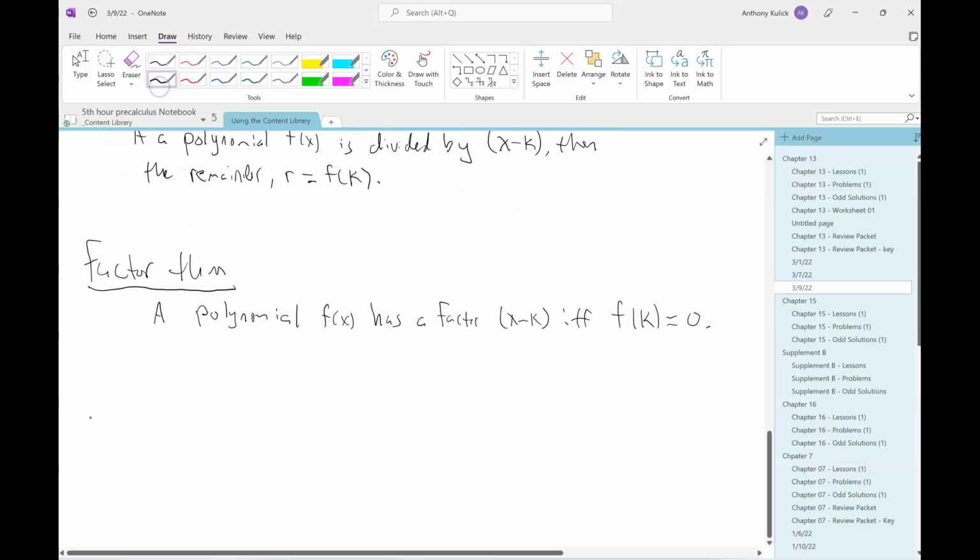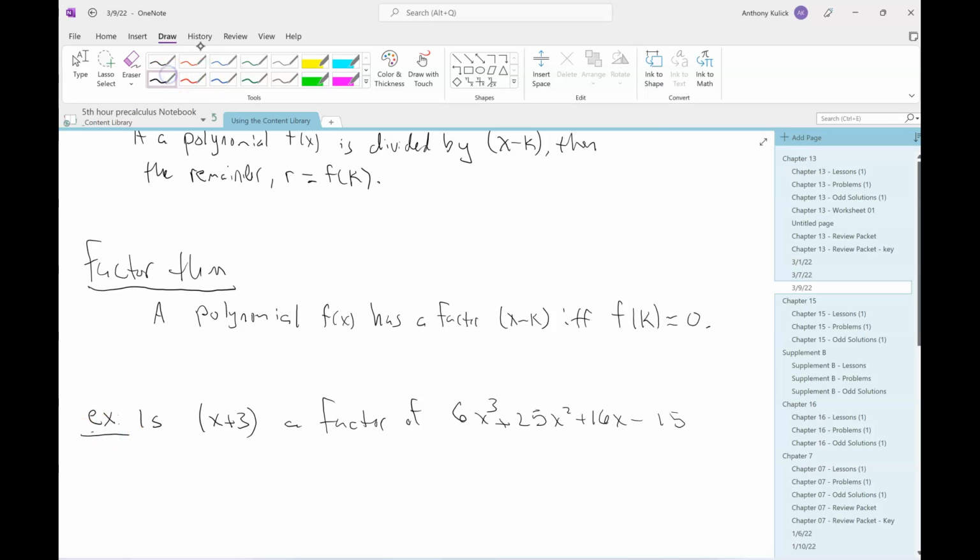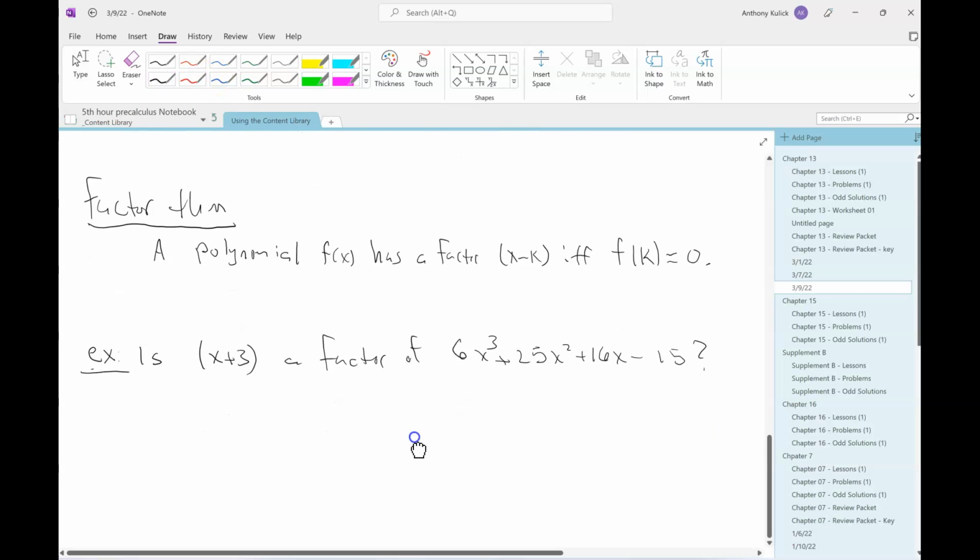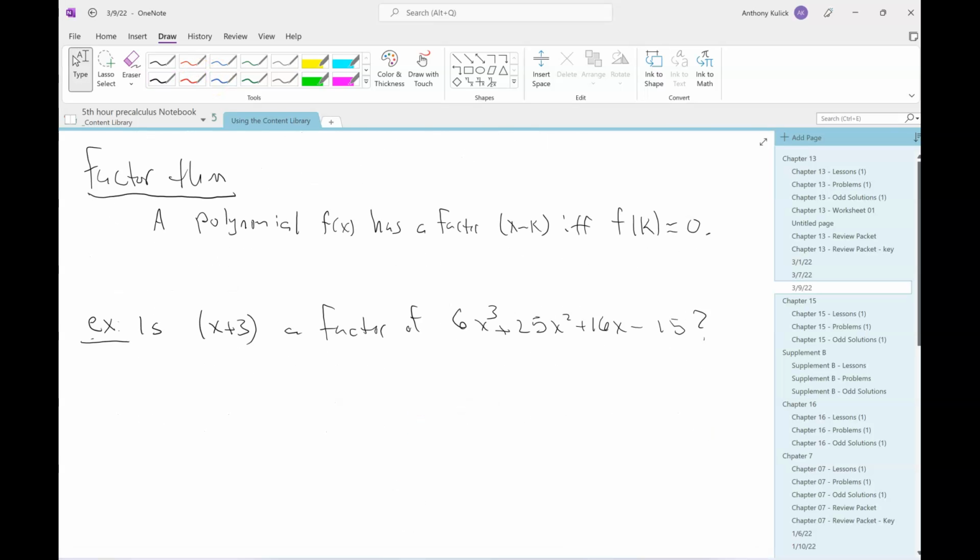So let's consider the following example here. Let's say we ask, is x plus 3 a factor of 6x cubed plus 25x squared plus 16x minus 15?